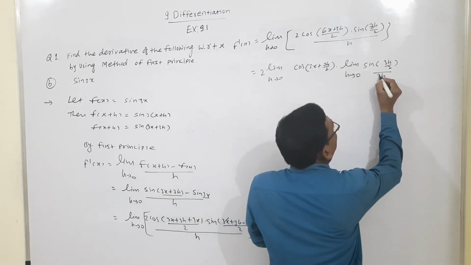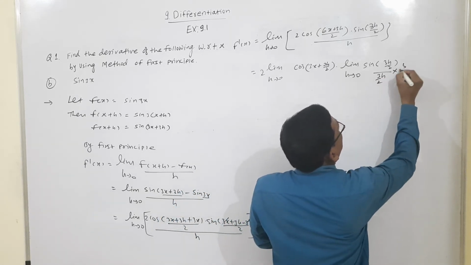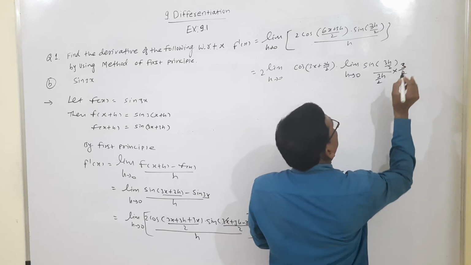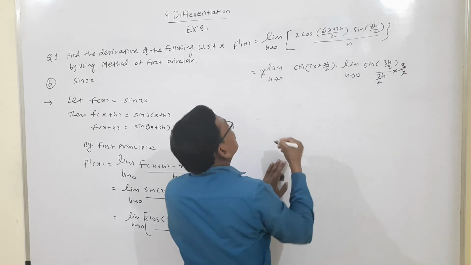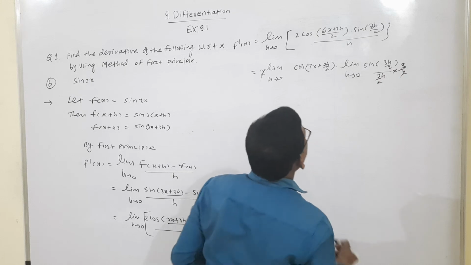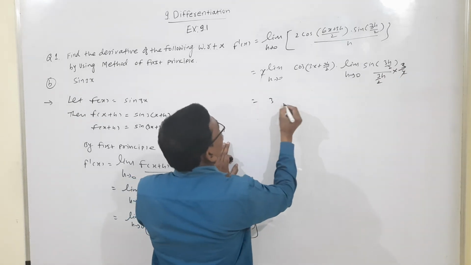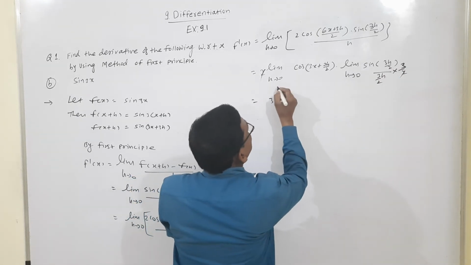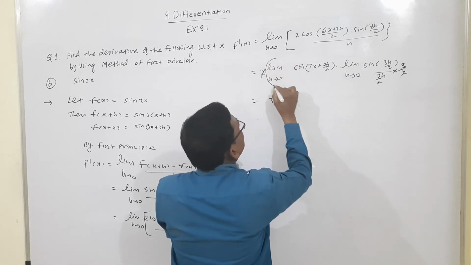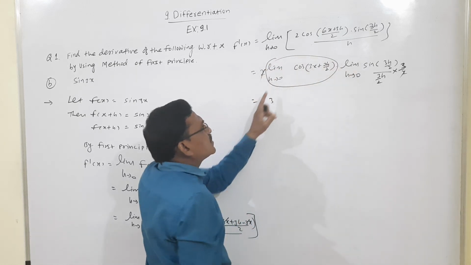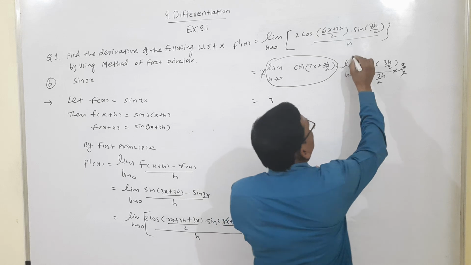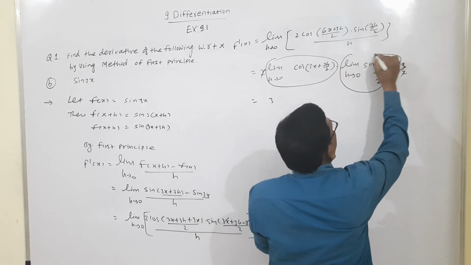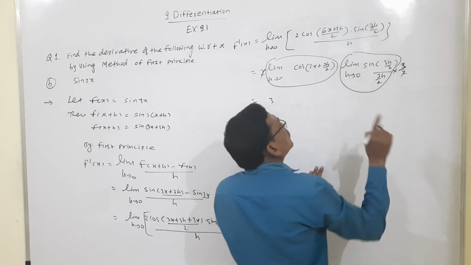So we multiply and divide by 3 by 2. The 2 gets cancelled, and so it is only the constant 3. Take this before the limit. Here, apply the limit as h tends to 0. Limit of sine theta upon theta is 1.